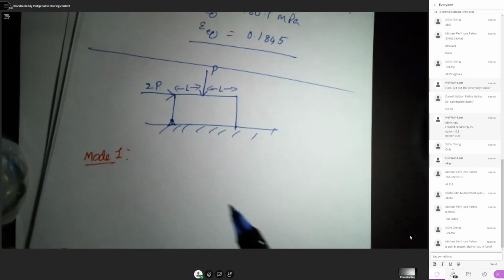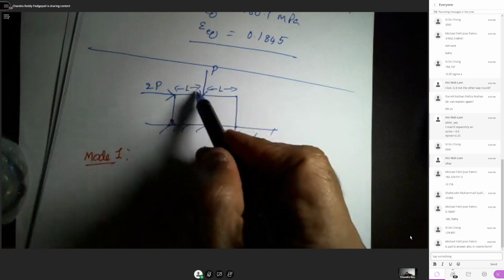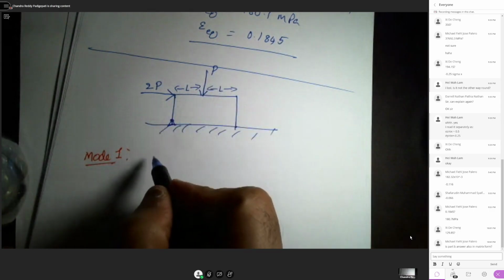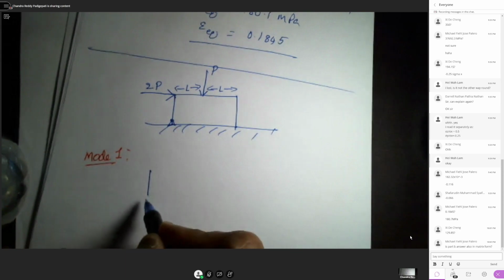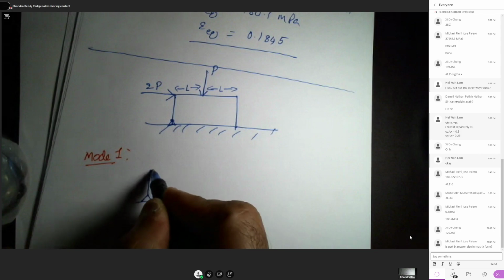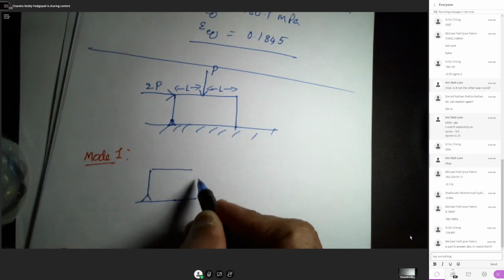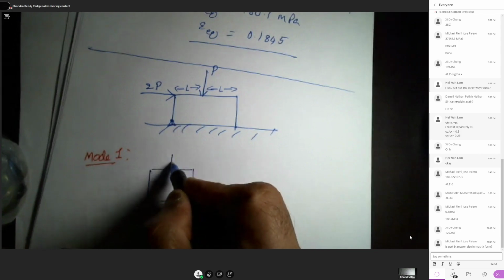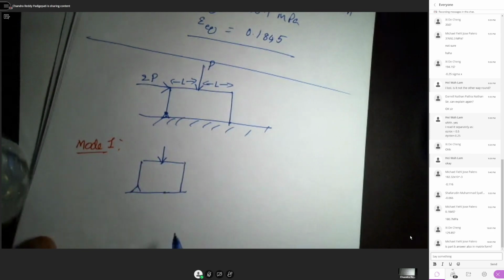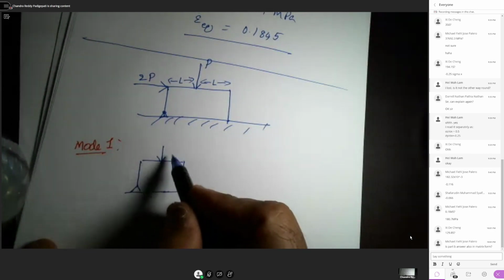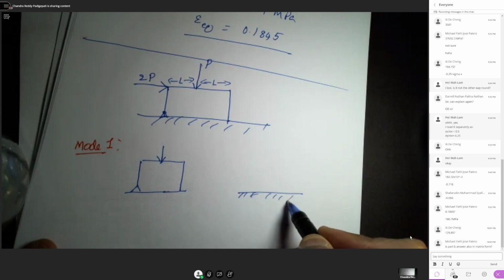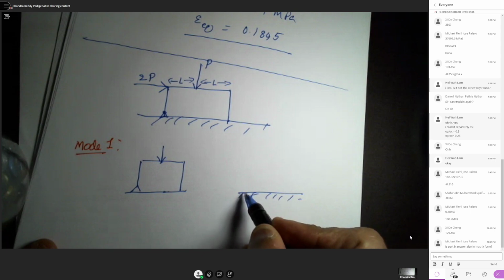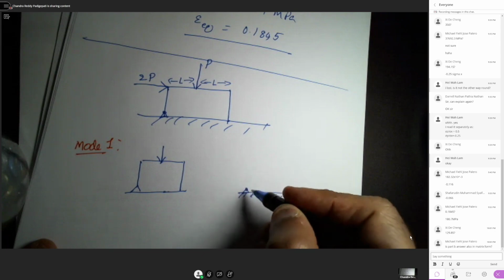In this mode, we consider only the vertical load, so only the vertical load is acting, and we ignore the horizontal load. Due to the vertical load, there won't be any plastic hinge at the pin because it's been connected.